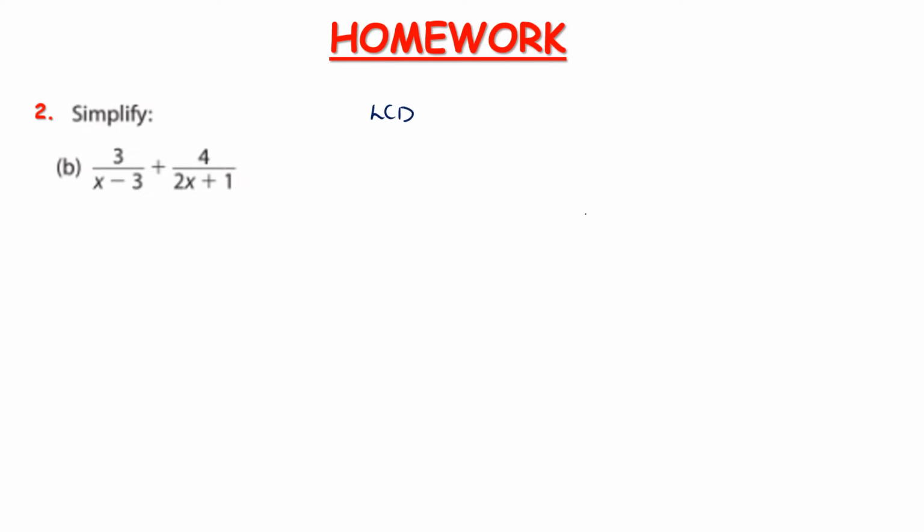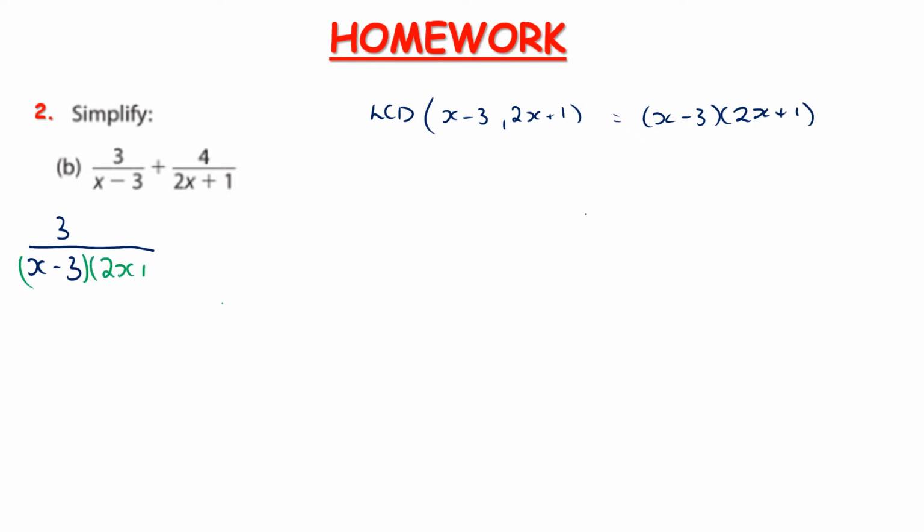The lowest common denominator of x minus 3 and 2x plus 1 is simply (x minus 3)(2x plus 1). I'm going to rewrite my fraction. So x minus 3, I'm going to multiply that by 2x plus 1 and the top line by 2x plus 1.